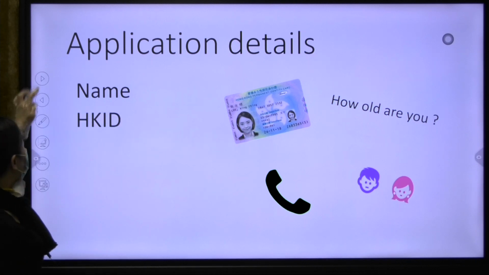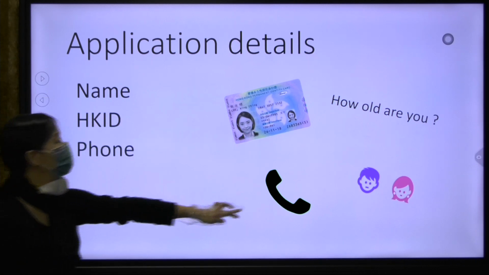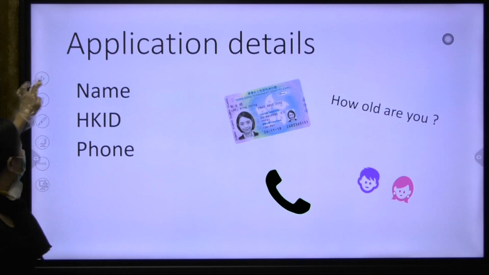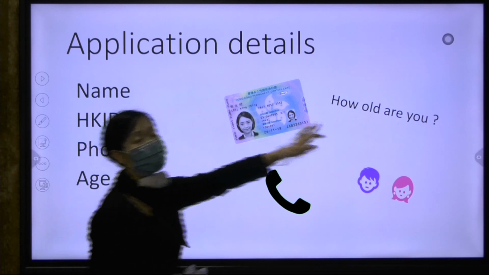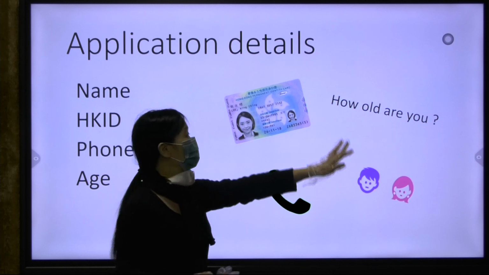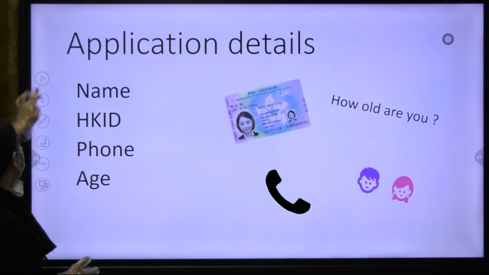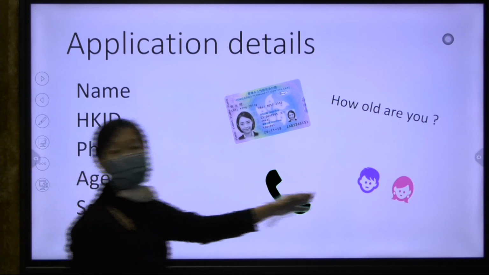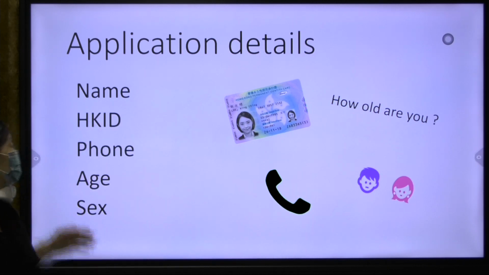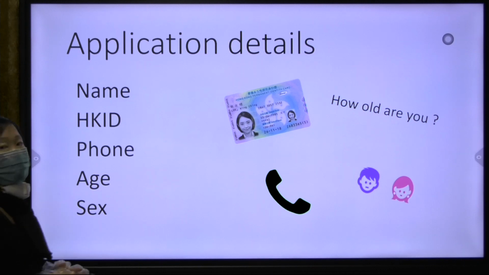You need to give the ID and the phone, also the age. How old are you? So how old is Tommy? He needs to write that. And also sex, boy or girl, male or female. So this is the kind of detail that he needs to write down.